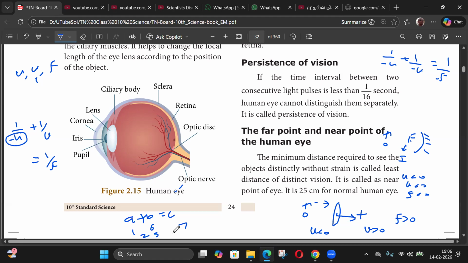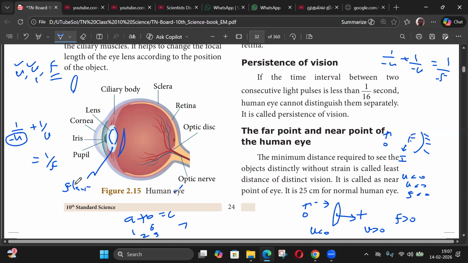In the case of the lab lens, the focal length is fixed because it's a rigid surface. Once the lens curvature is fixed, the focal length is fixed. So U and V can change; these two are variable. But in the case of an eye lens, what is fixed? Is the focal length fixed? Actually, this is a flexible lens, so it can become fat or it can become thin.